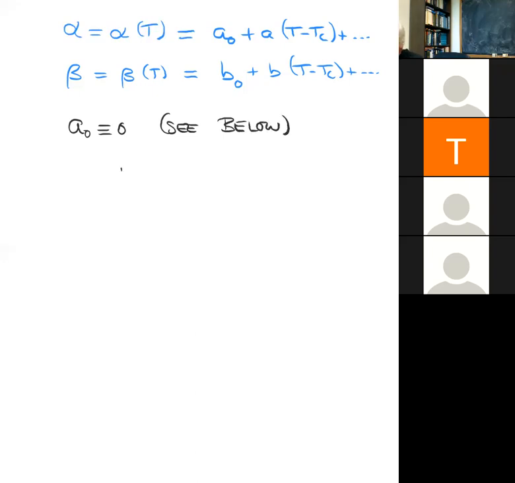So this alpha is actually A times T minus TC, whereas the beta actually does start with a constant, plus higher order terms.